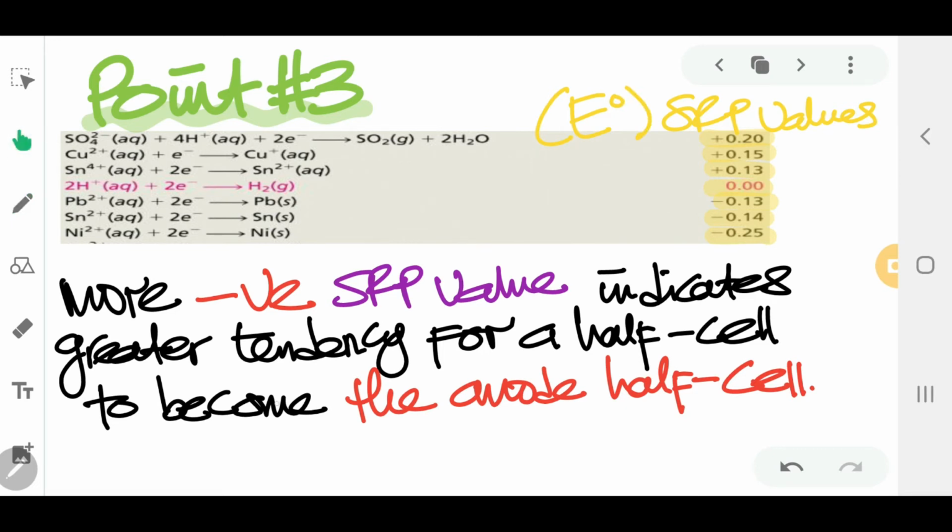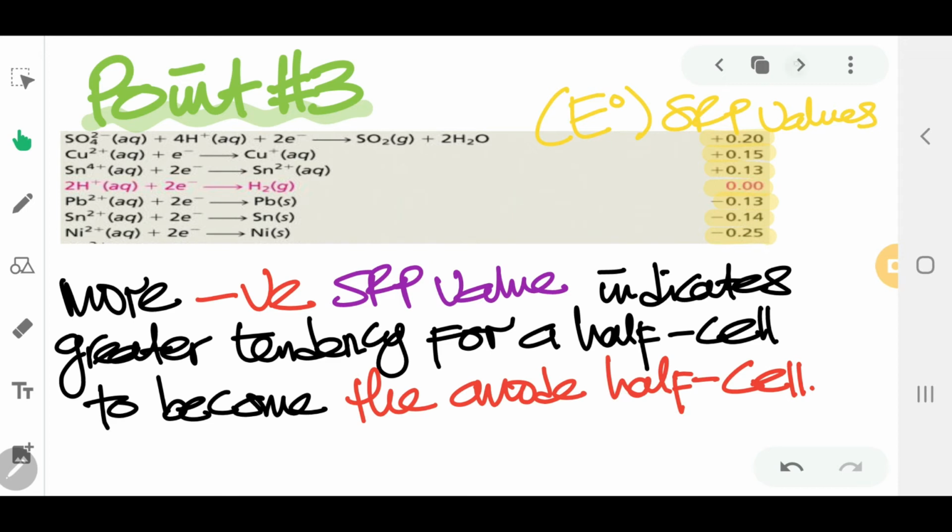Okay, so what I want to emphasize now is when you have more negative SRP value, that will indicate greater tendency for the half cell to become the anode half cell. So let's say if you want to build half cell between nickel and tin over here. Okay, you have negative 0.25, negative 0.14.